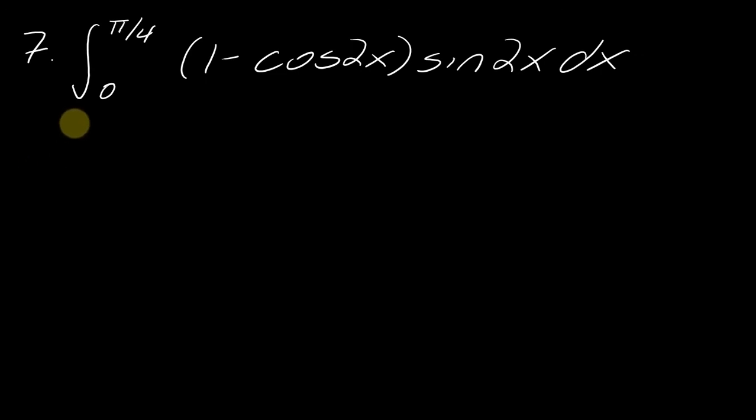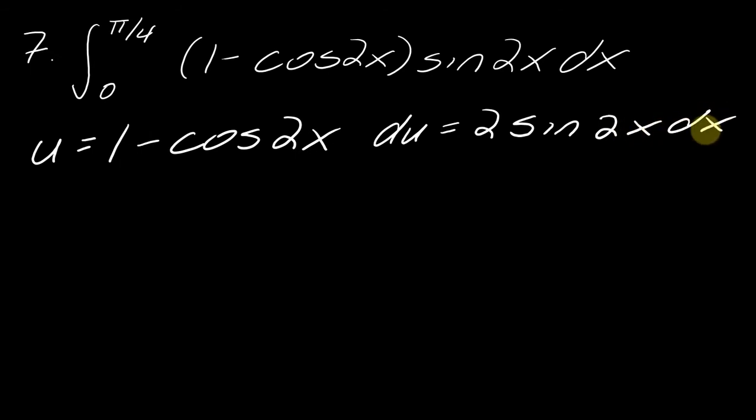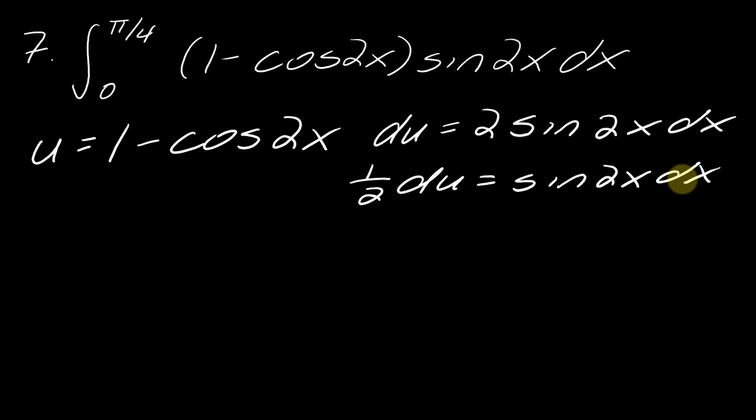In this case, my u will be 1 minus cosine 2x, and then my du will be 2 sine 2x dx. So I'm going to have to manipulate my du. So this will be 1/2 du equals sine 2x dx. So now I can make my substitutions if I wanted to.